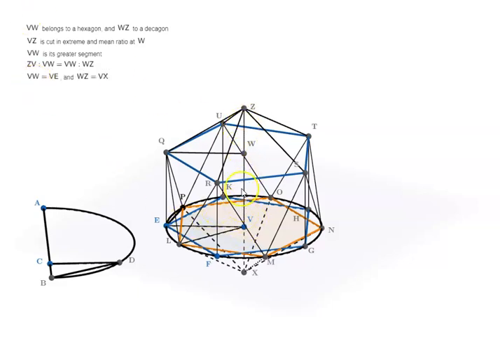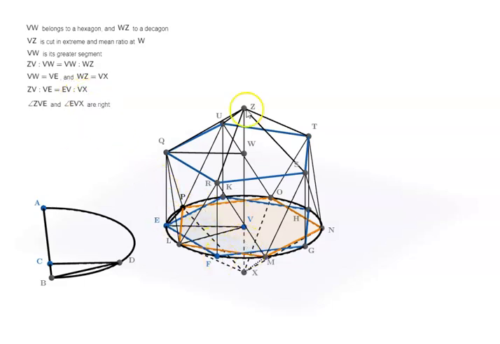We know VW is equal to VE and WZ is equal to VX. So that means ZV is to VE as EV is to VX.